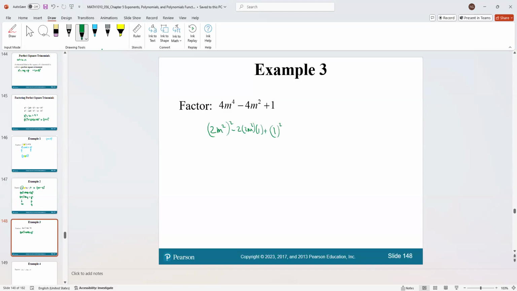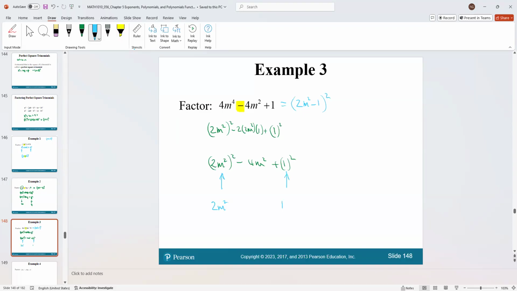So we agree that 2m squared power 2 minus 4m squared plus 1 squared is what we have. We always focus on the first term, the A term, and the B term. So if you take only 2m squared and you take 1, you can factor as 2m squared minus 1. Why do we put minus again? We put minus because this term right here is negative. And you say power 2.